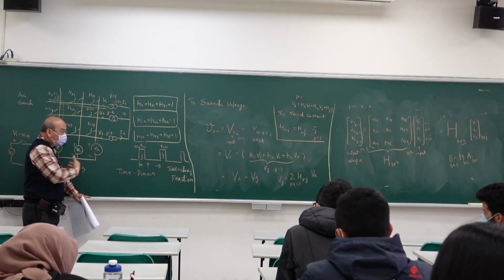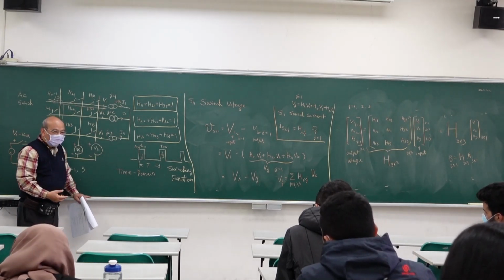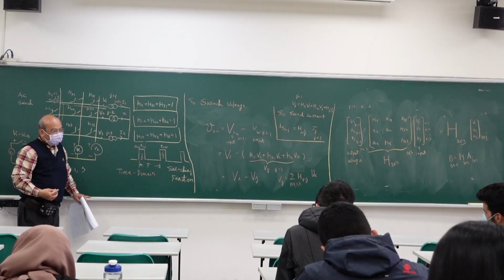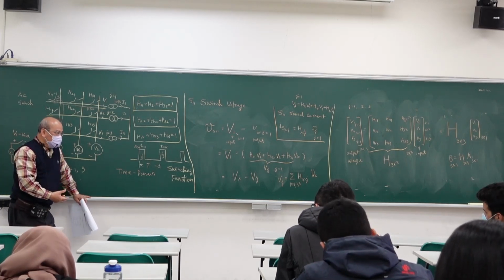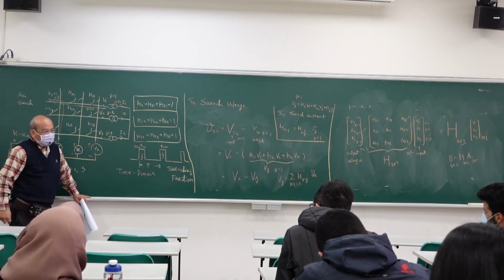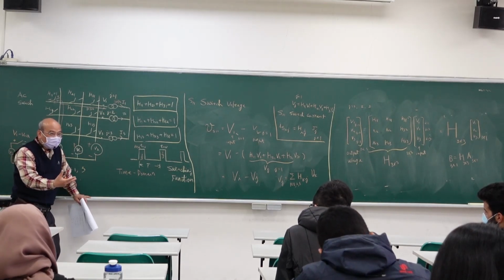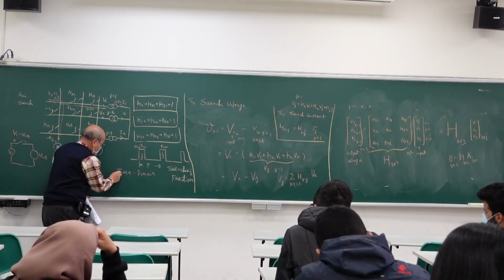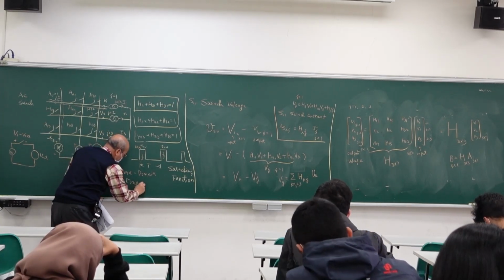I give you a time domain waveform and ask, what is the third harmonics? What is the fifth harmonics? You say, I don't know. If you want to know the harmonics, how can you do it? You have to convert to what domain? Frequency domain, right? So you have to convert time domain to frequency domain.